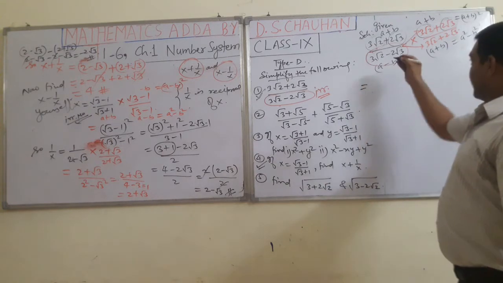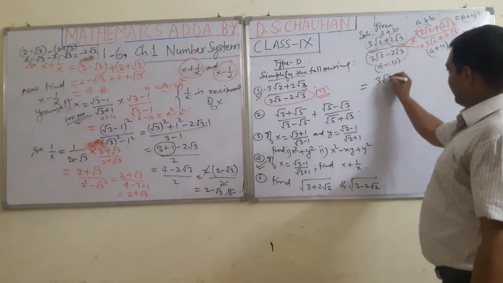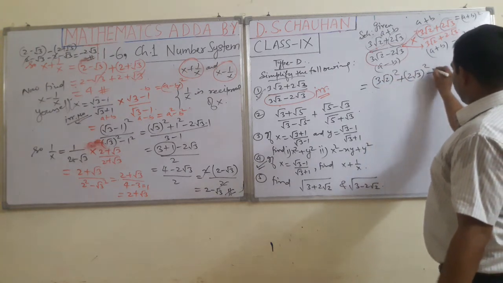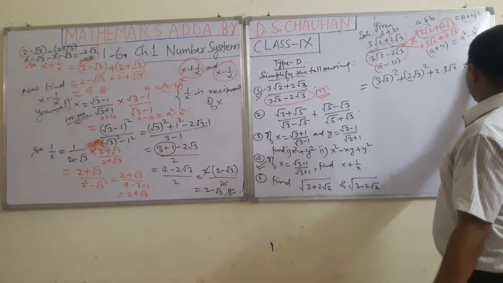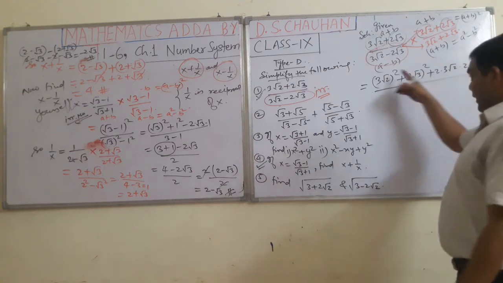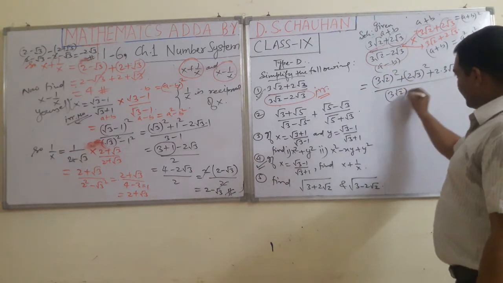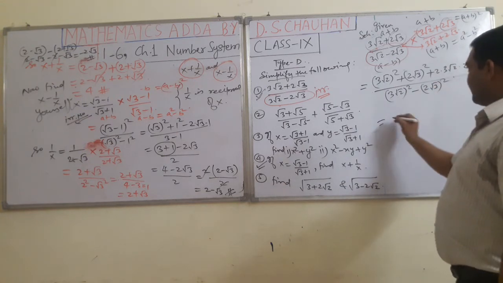So now see, it is of the type (a + b) whole square. We can note down a square plus b square plus 2ab, with a as 3√2 and b as 2√3, upon a square minus b square. That is (3√2) square minus (2√3) square.